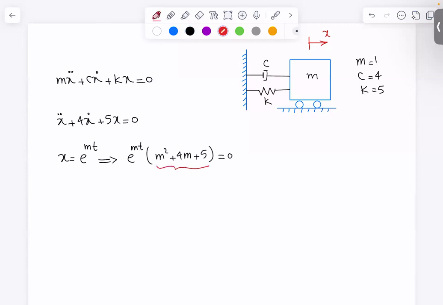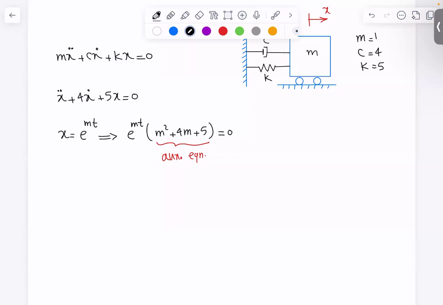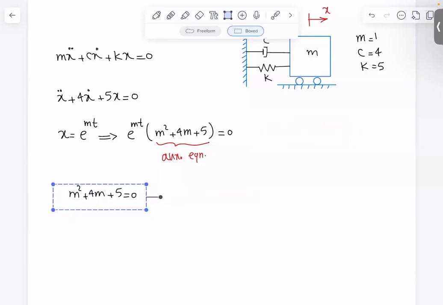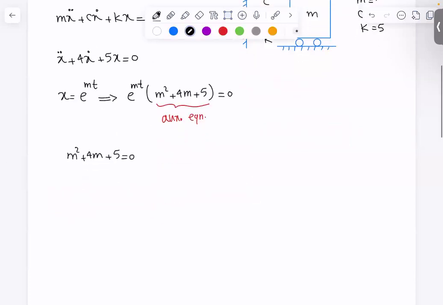So this part is called the auxiliary equation, and the roots of that will tell us the behavior of the system. So the roots of that auxiliary equation can be found using the quadratic formula.